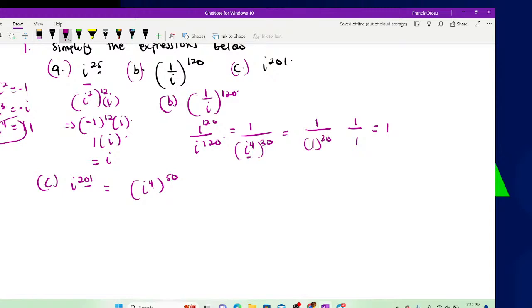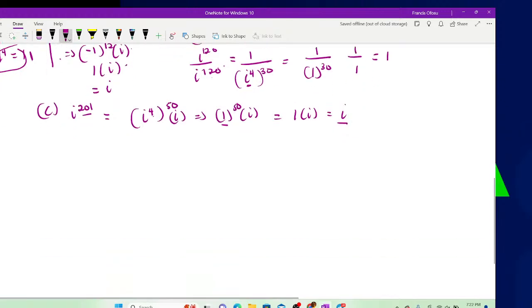There will be a remainder of 1, which is I. At this point, I know I to the power 4 to be 1, so I get 1 to the power 50 multiplying I. 1 to the power 50 is also equal to 1, multiplying I. Hence, I get I. So I to the power 201 has been simplified to give us I using the basic powers of I. And this is all about the introduction to complex numbers.